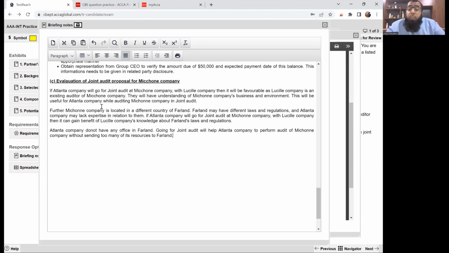Okay, since we don't have a local office there, if we go for audit on our own, we have to send the entire team. But if we go for a joint audit, then we can use the resources of Lucille company also.